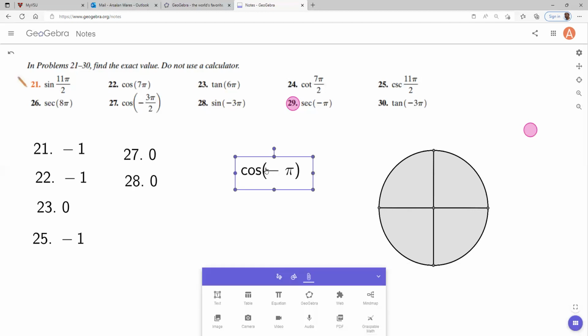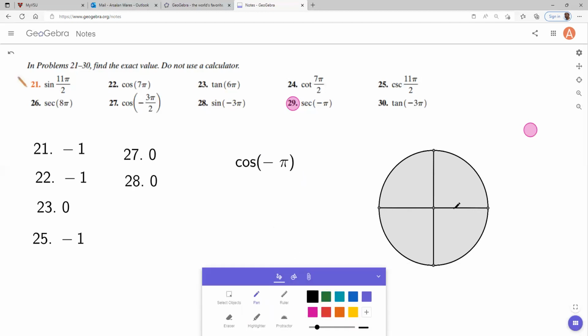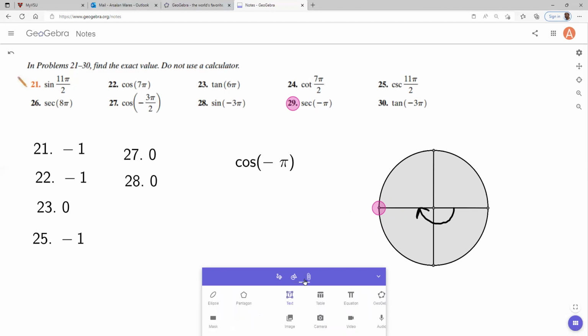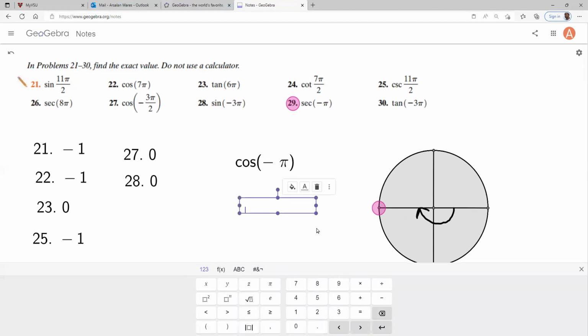So negative pi is this. I land here, and the cosine value is -1, right? And if the cosine value is -1, what's the reciprocal of -1? I'm looking for secant of negative pi. The reciprocal of -1 is -1. So 29 is -1.